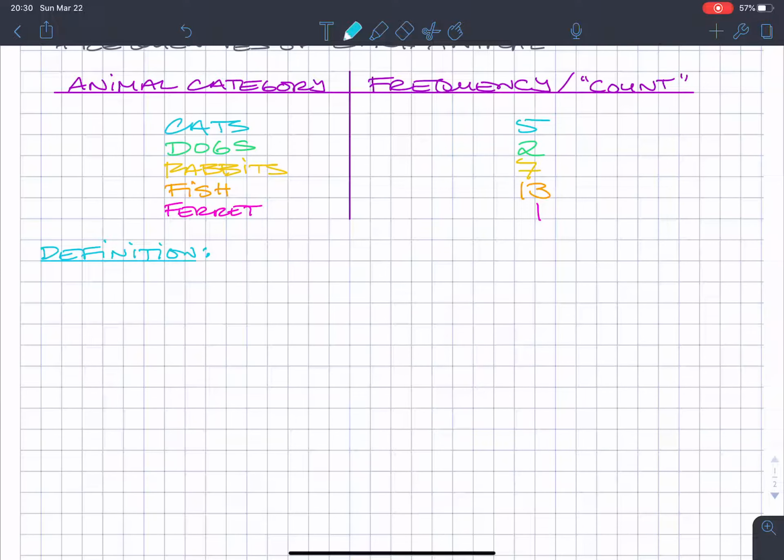So, pardon me, a bar graph, that's what we're defining now.